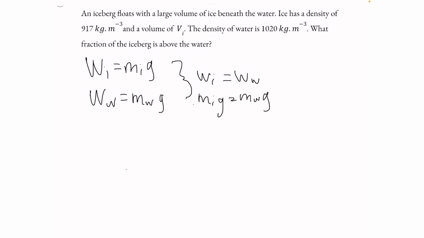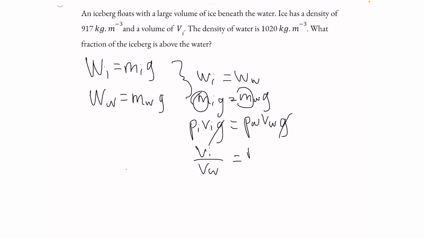And now we can rearrange the density equation for mass. So m in these two cases would become ρ_I V_I g is equal to ρ_W V_W g, and we can cancel out the g's on both sides, and this will show the fraction of ice underwater, which is given by the ratio of density.